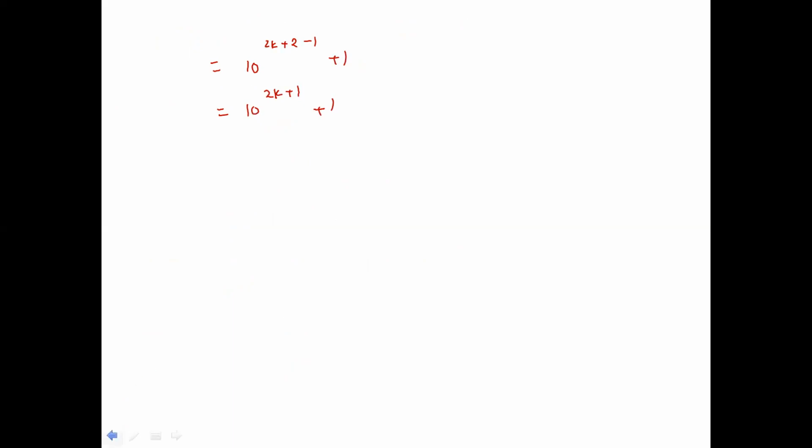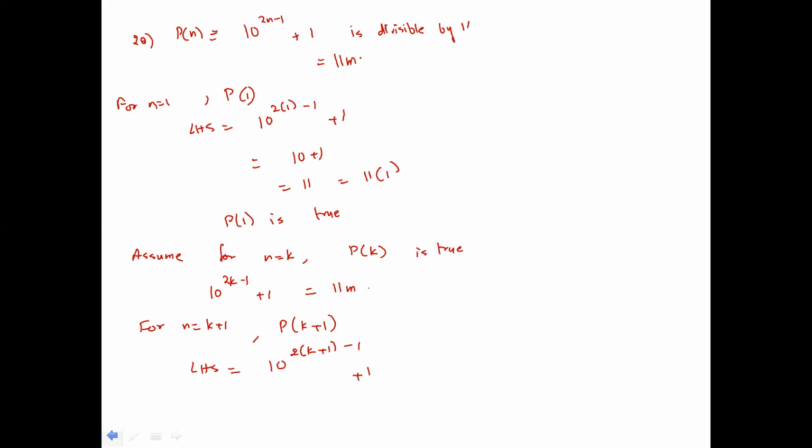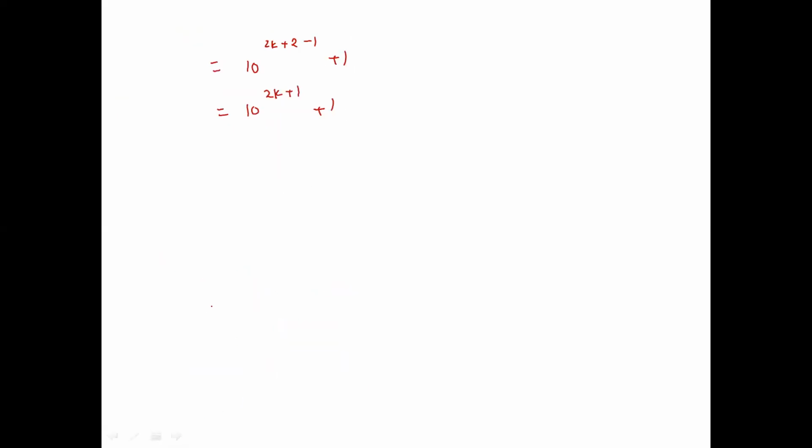Now, how to use P of k? If you have 10 power 2k minus 1, you can write it as 11m minus 1. So what I will do? 10 power 2k minus 1 plus 2 I will take, so that I can take 10 power 2k minus 1 separately, 10 square separately, and plus 1.